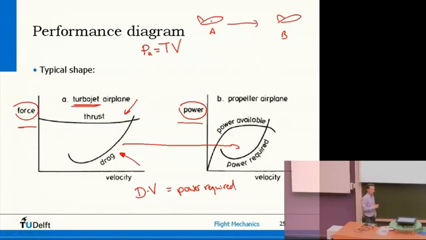So a performance diagram shows you propulsion and aerodynamics in one diagram, and the difference between the two tells you what the performance is. You can imagine if at a certain airspeed you have much more thrust available than you really need in terms of aerodynamic drag, then you can accelerate very rapidly or you can climb very quickly. So this can tell you a lot of things about the aircraft performance.